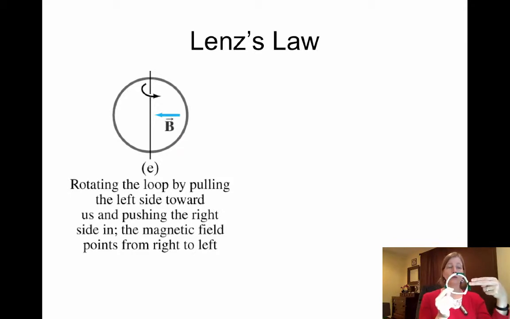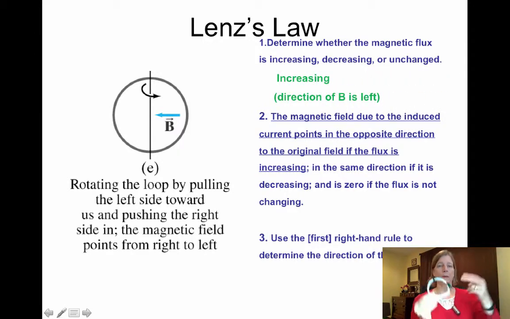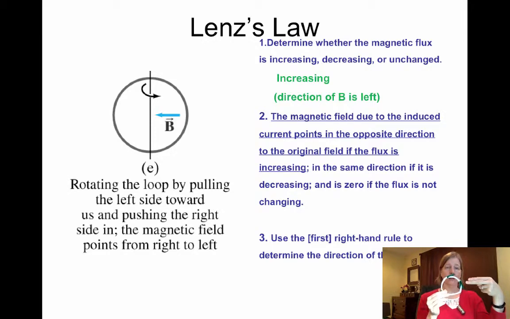We start with no flux when we're in the same plane as the loop of wire, and as we rotate it, we are getting an increase in flux going through that loop of wire. So determine whether magnetic flux is increasing, decreasing, or unchanged. It's increasing. We go from originally 0, where the magnetic field is parallel to the plane of the loop of wire. We rotate the loop of wire, we're increasing the flux.